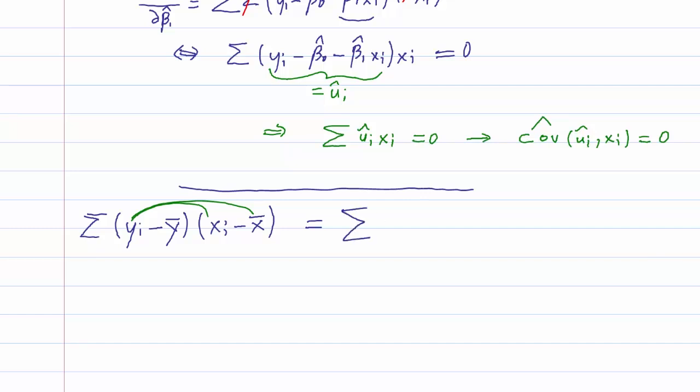So sum of yi times xi, then minus yi times x bar. And then I take the second one, x bar, and I distribute it on the other parenthesis elements. So minus y bar times xi and plus x bar y bar.